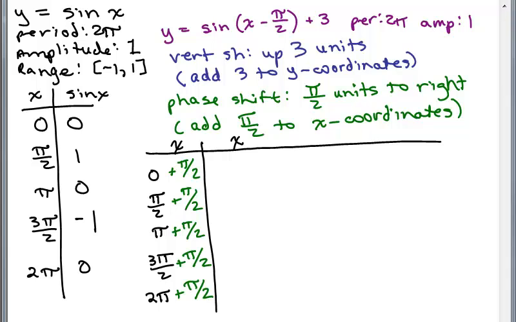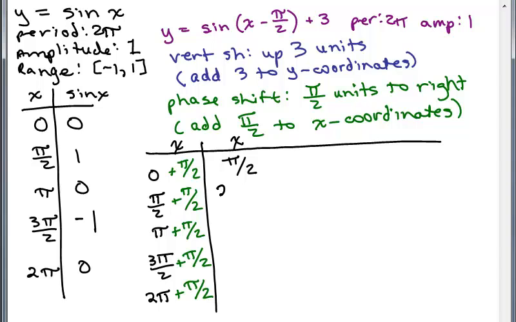So I've started this off for you. To find the new x coordinates for this function, we want to add pi over 2 to all these x coordinates here. So 0 plus pi over 2 is just pi over 2. Pi over 2 plus pi over 2, well, that's 2 pi over 2, or pi.